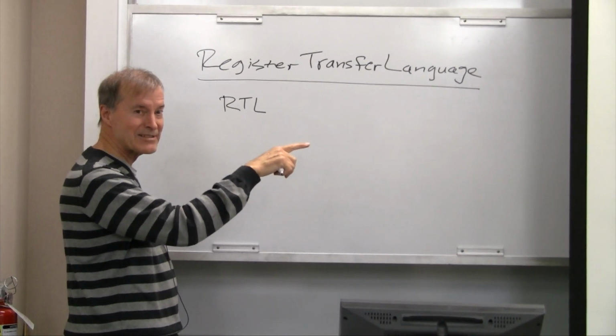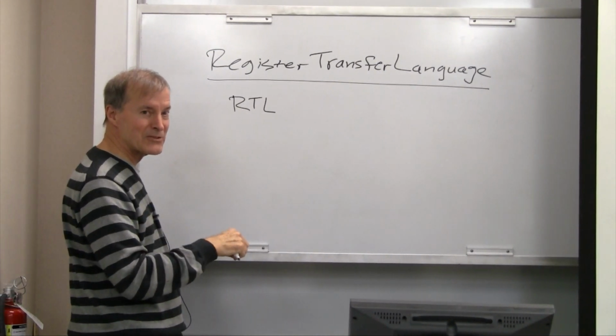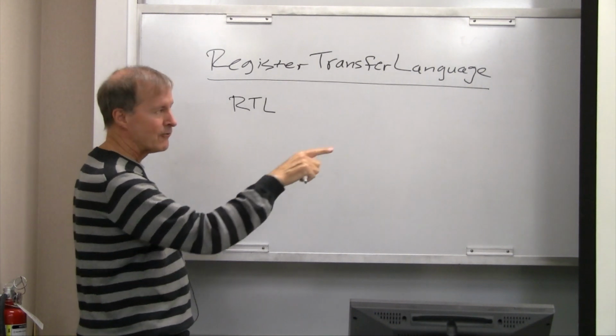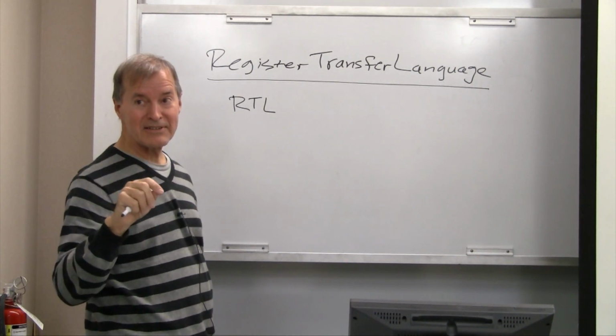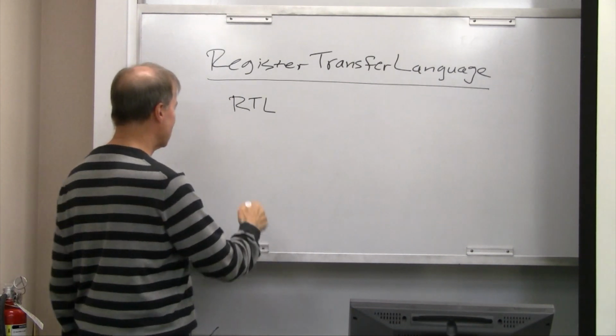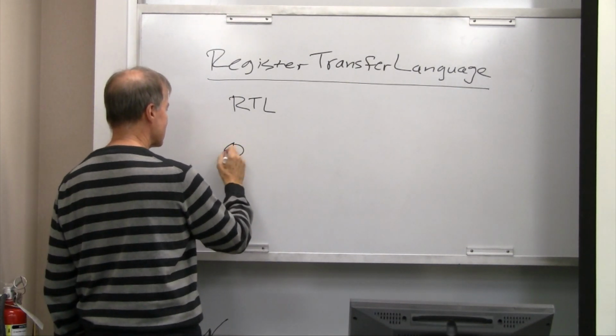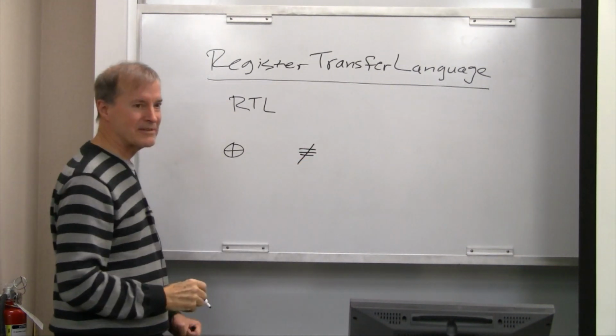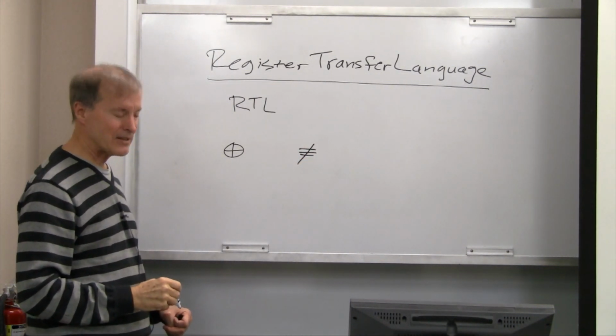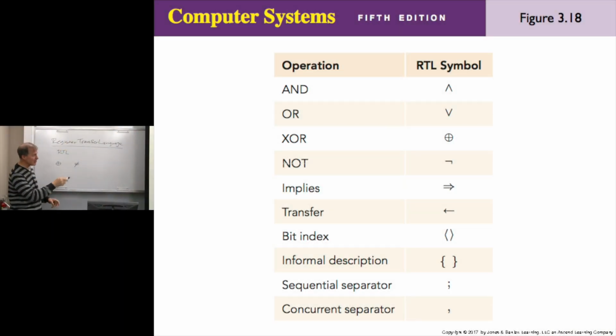Do you remember what it was? For exclusive OR, it's 1 if they're different and 0 if they're the same. In formal methods we wrote it as not equivalent. It's actually the same thing, but this is common in hardware notation, so I'm going with what is more common.